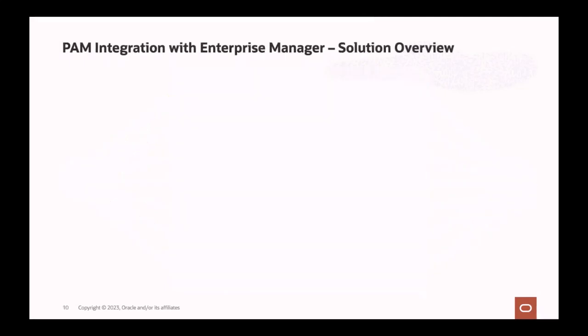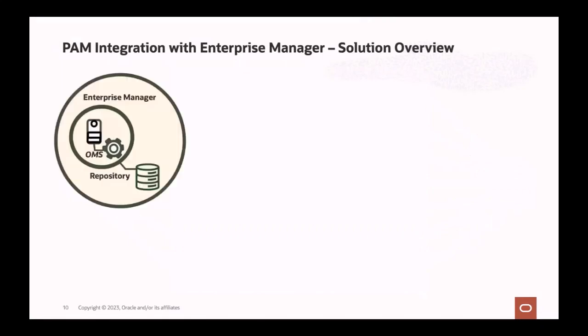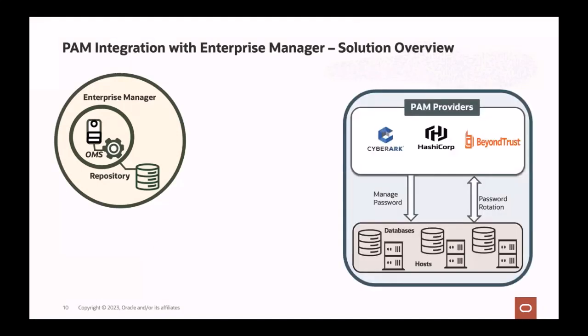So here is the integration solution overview. In this, we have Enterprise Manager set up with OMS and repository. On the other side, we have PAM providers like CyberArk, HashiCorp, and others that play a crucial role in managing the password lifecycle for databases and hosts.